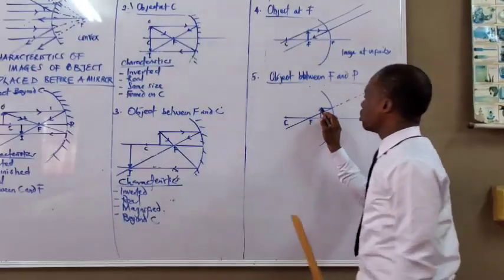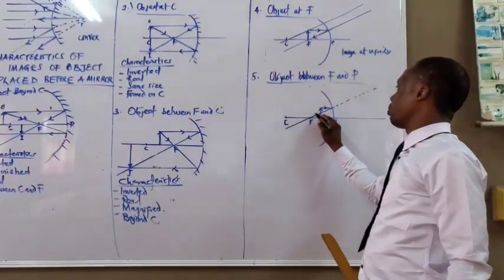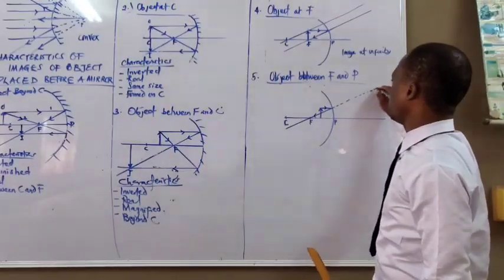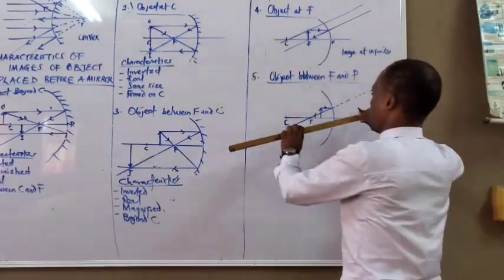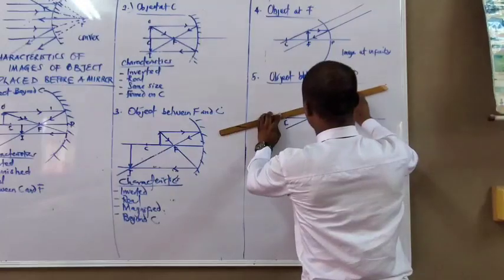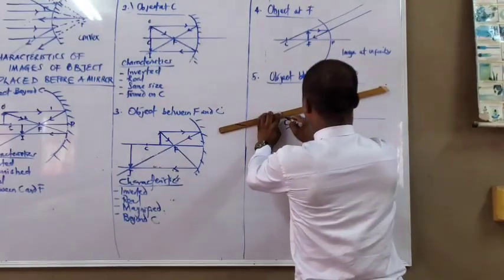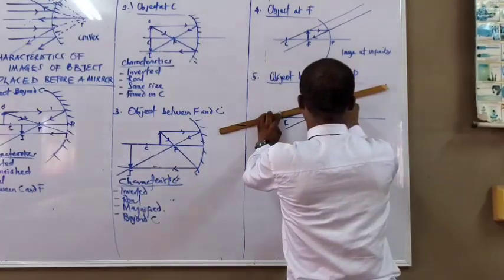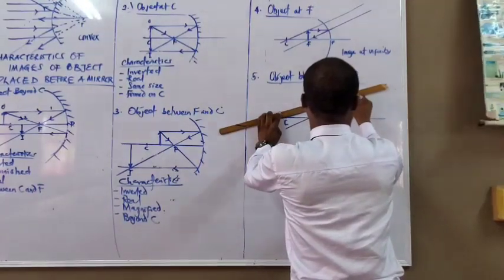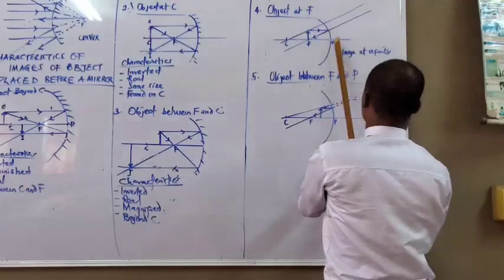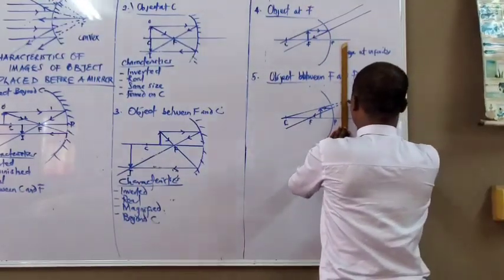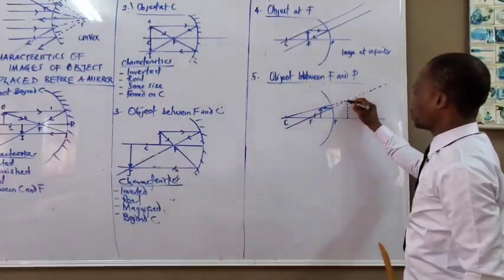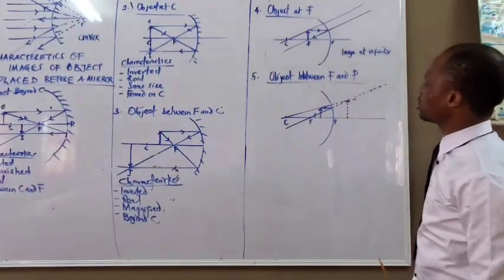Then the ray parallel passes through the principal focus, and you extend it with short dashes. Then the ray coming from the center of curvature, the two rays meet at this point. So we are going to draw it with short dashes.